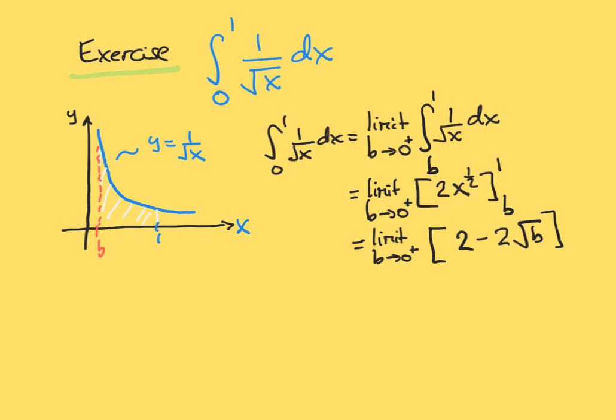So in the limit, it's approaching 0. So this tells us that our result for the integral from 0 to 1 of 1 over root x dx is equal to 2. And that is a finite result. And it is also positive, which is what we would expect from looking at the integrand. So positive as expected.